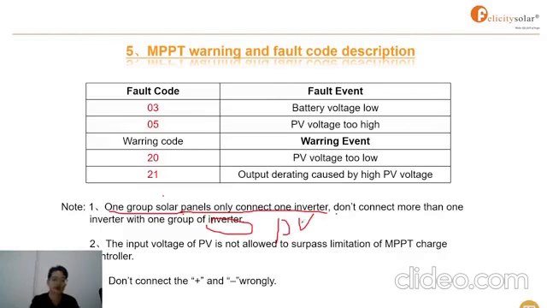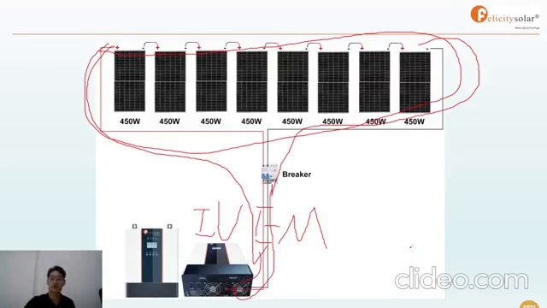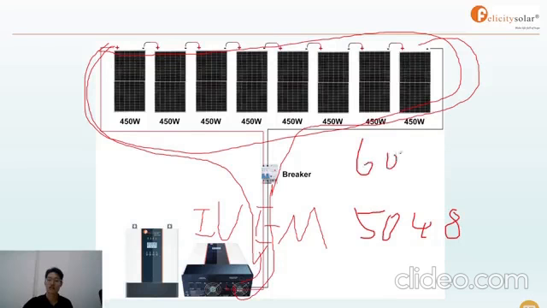Okay, and the next is that the input voltage of PV is not allowed to surpass the limitation of the MPPT solar charge controller. For example, this is the IVEM 5048. Its limitation is 6,000 watts for the MPPT solar charge controller.